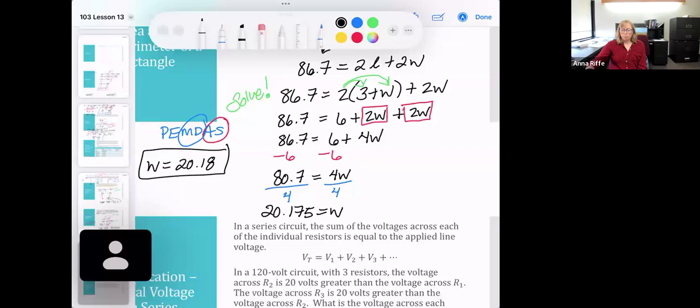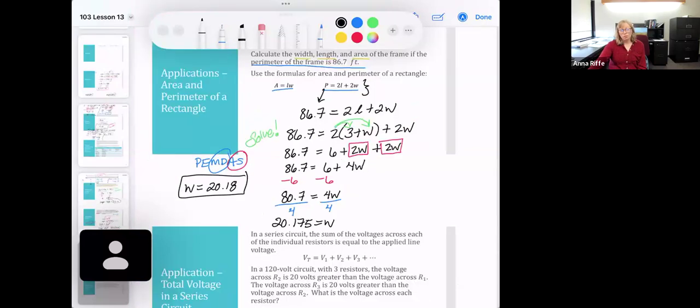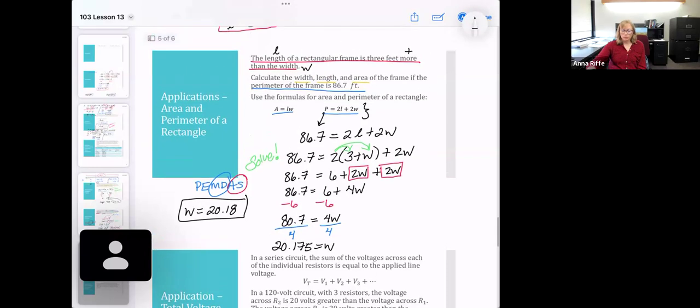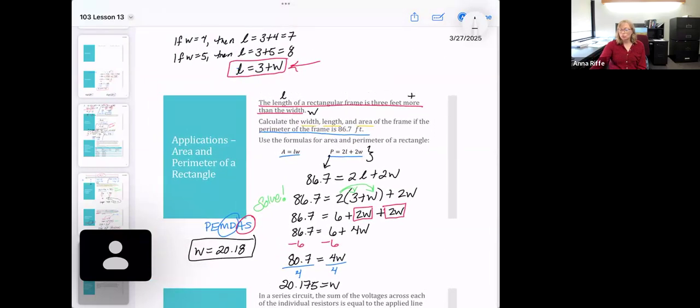But as you know, this is a multi-part solution. We just found the hardest part, one of the parts. I can now use my other information to find the remaining 2 parts, length and area. So we found the width. That was by far the hardest part. I can now go up above and note that length is equal to 3 plus the width. Therefore, length is equal to 3 plus that width.